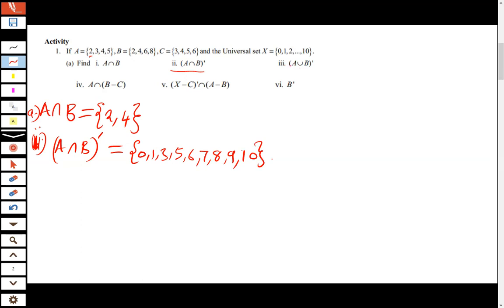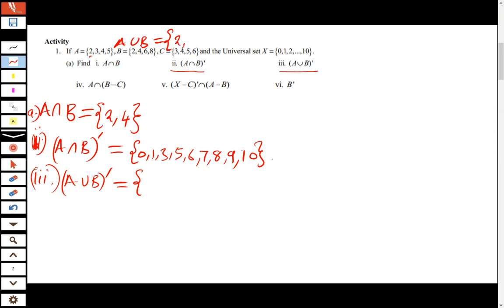Okay, so let us find the third part here, which is (A union B) complement. To find (A union B) complement, we first have to know what A union B is. A union B is simply a combination of A and B. We combine A and B, but to make sure that if one number is repeating itself, if it's in both A and B, we just write it once.